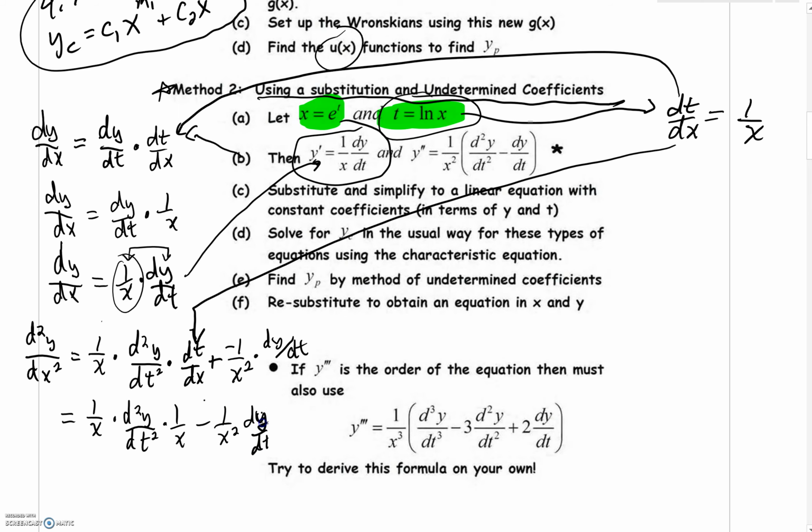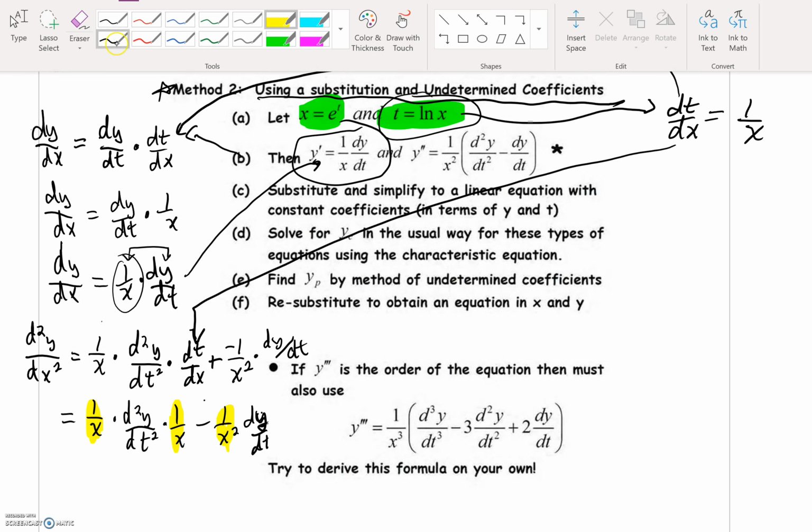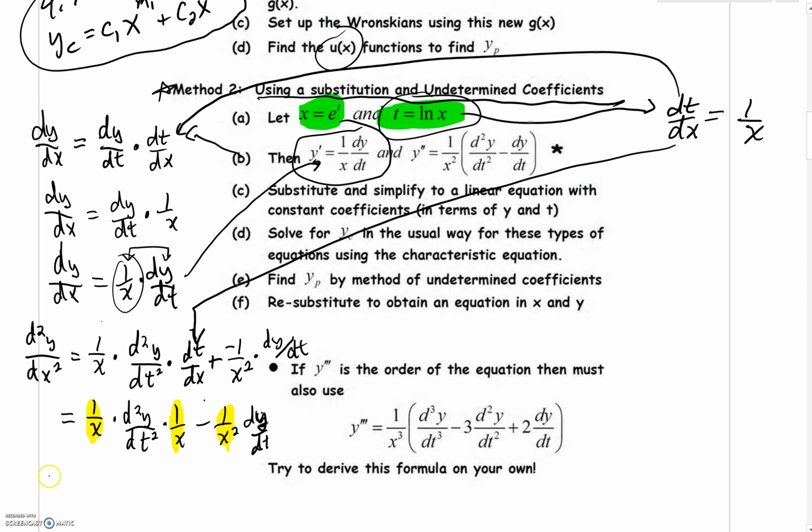But I do want to point out to you that both of these terms have a 1 over x squared in them. That first term, you've got a 1 over x and a 1 over x. That's going to multiply to 1 over x squared. So I hope it's not too much of a stretch to just say, let's factor out a 1 over x squared.